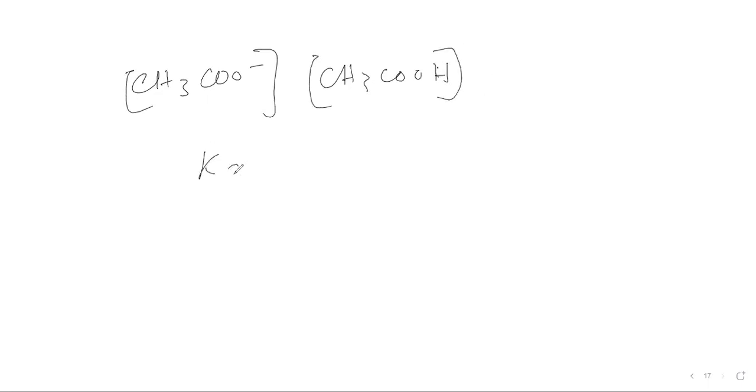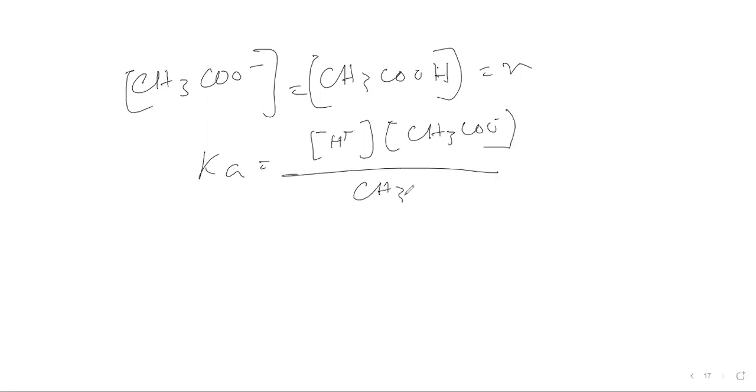Now, when half of the solution has reacted, that means the concentrations of CH3COO minus and CH3COOH are equal. At that point, what happens? We have already seen the concentration of H plus, and CH3COO minus and CH3COOH.